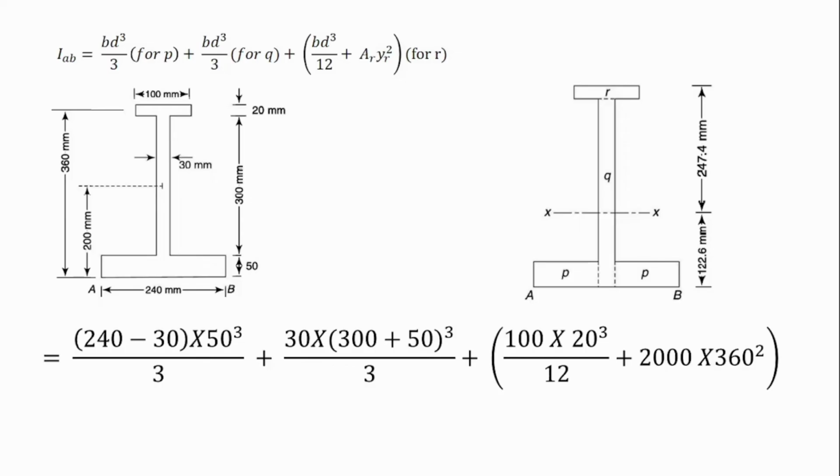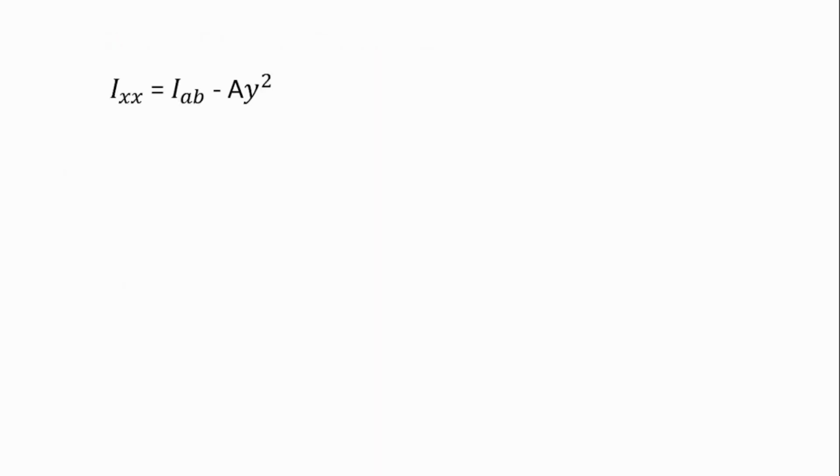What we have just calculated is the moment of inertia along the AB axis. But what we actually want is the moment of inertia along the neutral axis, that is IXX. So to get IXX, we use the relation from the parallel axis theorem.